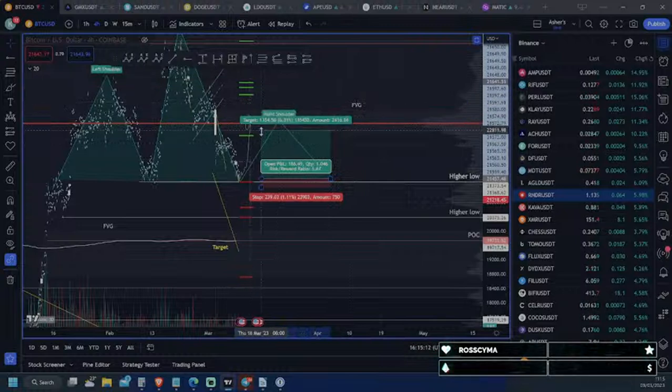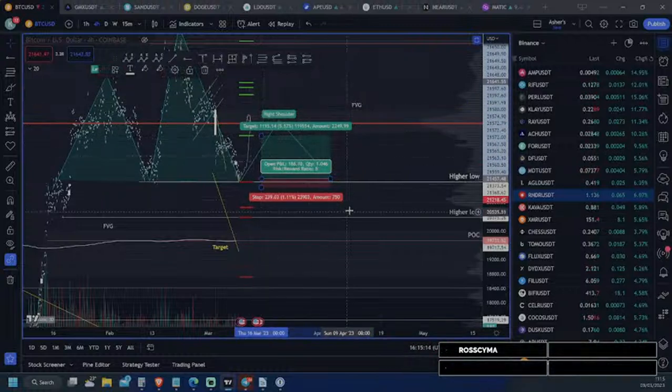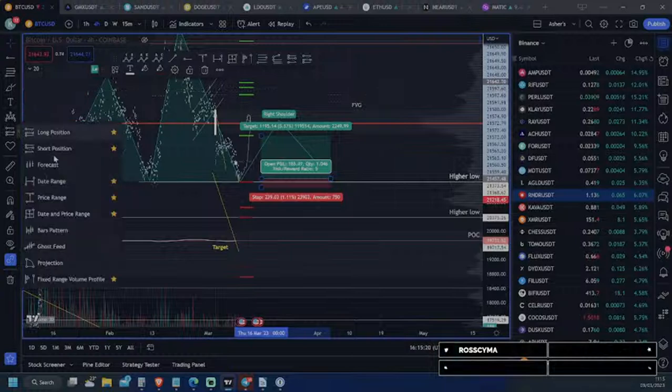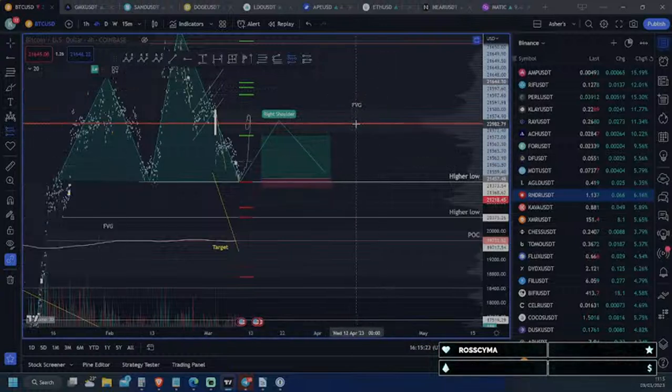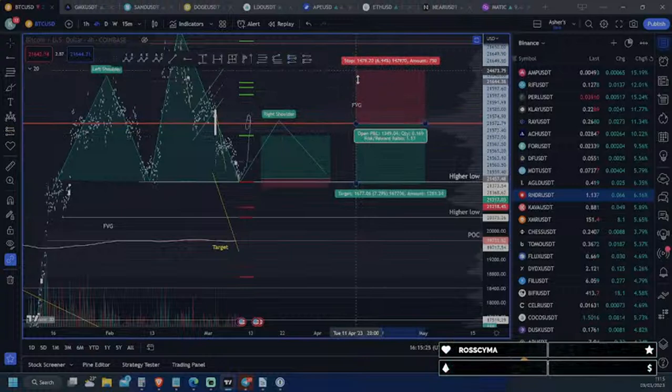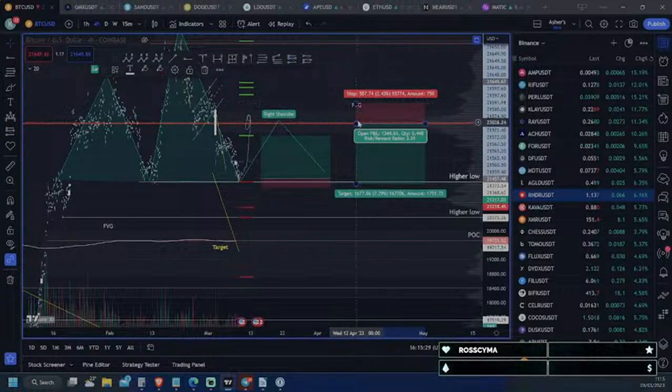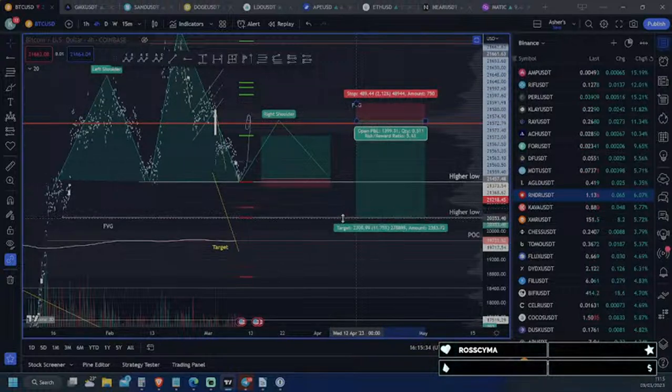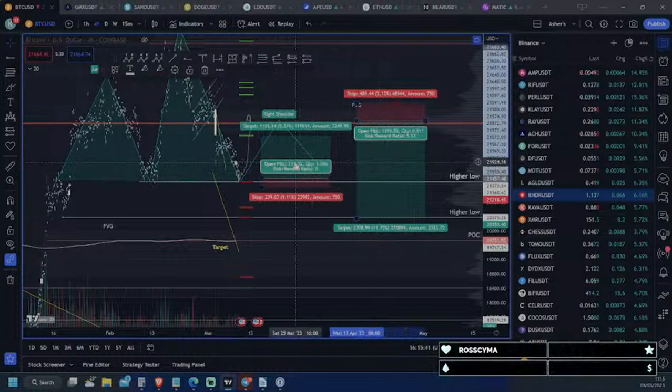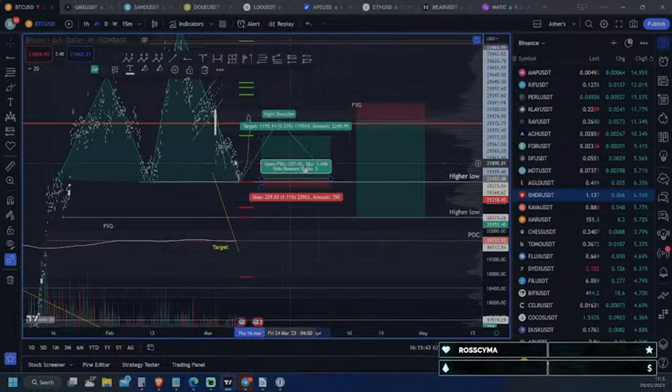Let's say I'm a bit more conservative and I just go for that. Still a good RR. And then we could do the opposite and short the point of control. I think a little bit of a wider stop, and we're now aiming for this lower area here. So that would be the sort of thing that I would be looking for now, in terms of the next two trades.